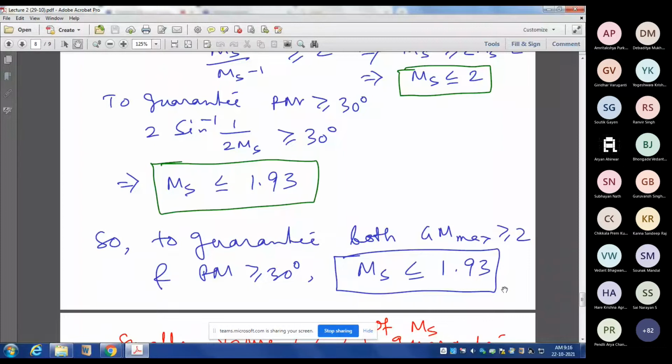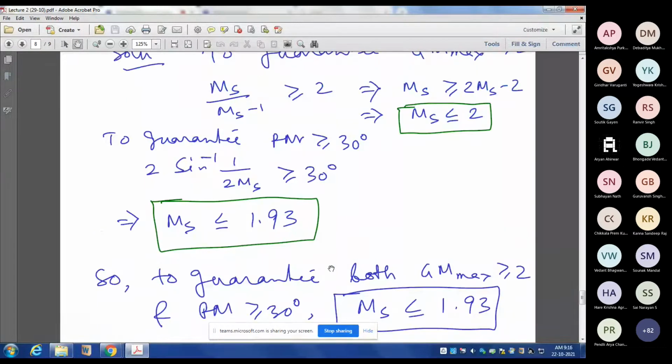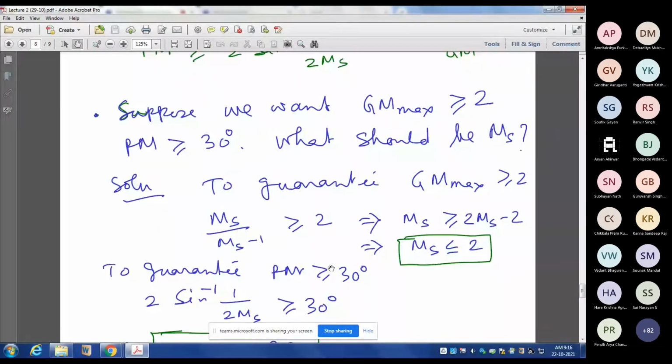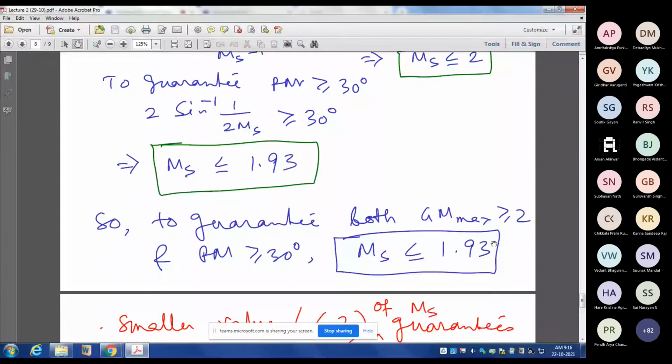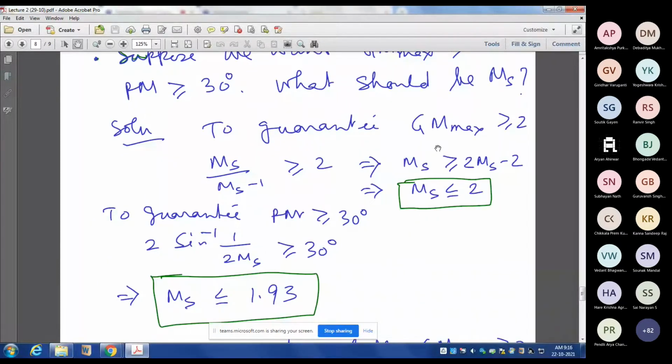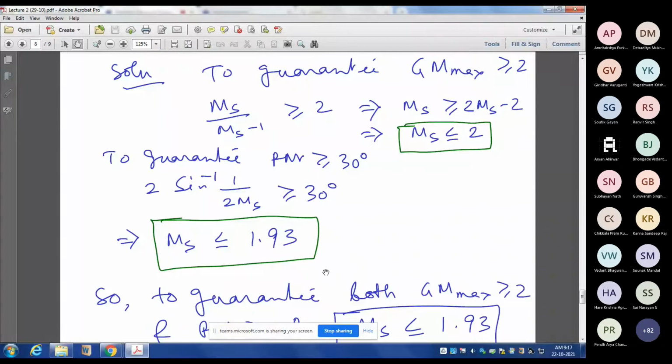So that means if you design a system for which MS is less than approximately 2, then you can guarantee that the system will have gain margin greater than or equal to 6 dB and phase margin greater than or equal to 30 degrees.